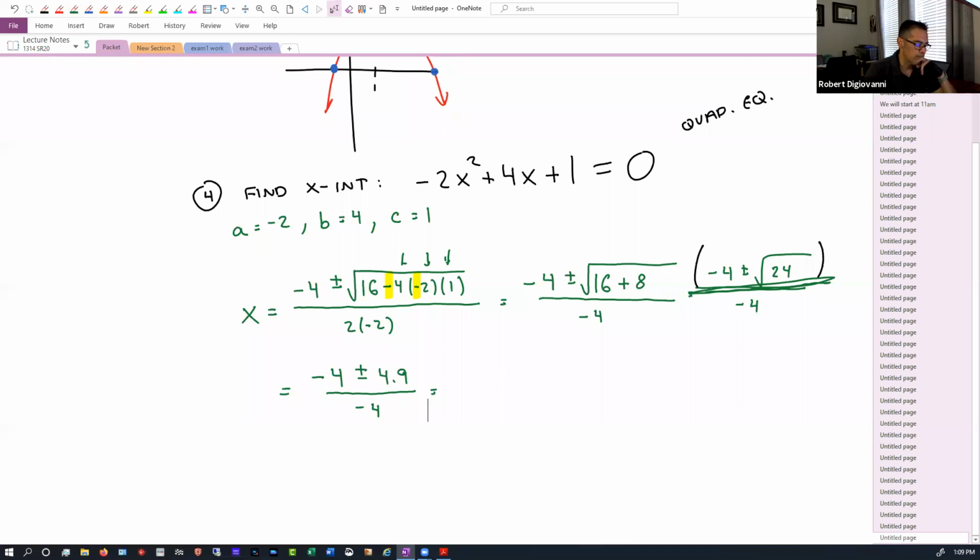Okay. So now we get our 2 answers. All right, so I'm just going to do these on my calculator. My first answer is -0.23.